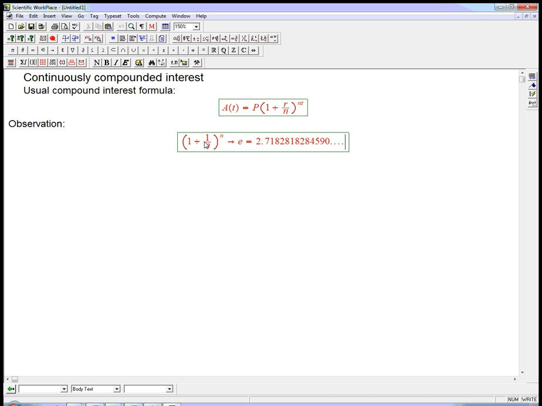And so this is a very interesting thing. What it really says is that when we compound very often, if n is very large, it doesn't matter exactly how large it is. The compounding frequency doesn't matter very much, as long as it's large.